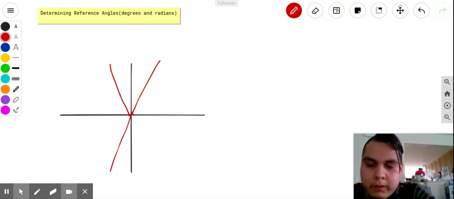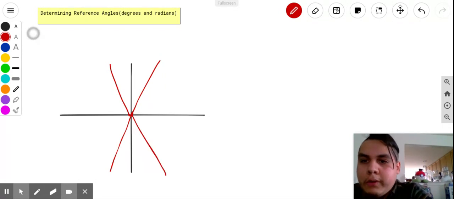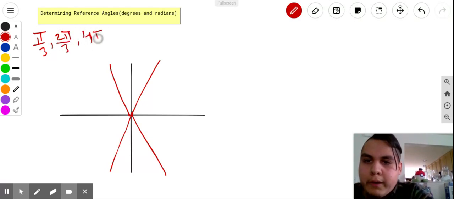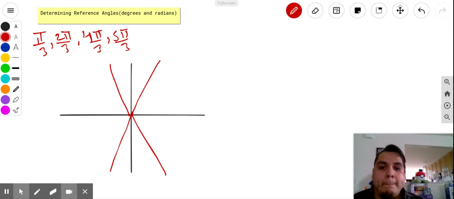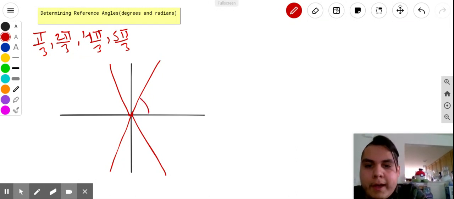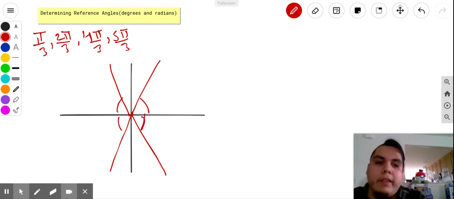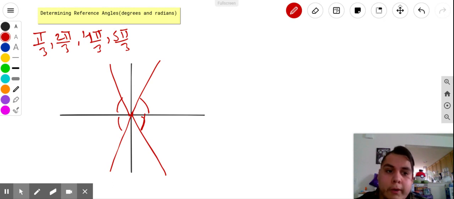This one goes over here. So it's pi over 3, 2 pi over 3, 4 pi over 3, 5 pi over 3. All right, that's pi over 3. This will be the 2 pi over 3. This will be the 4 pi over 3. This would be the 5 pi over 3 right there. Right, first, second, third, fourth quadrant.